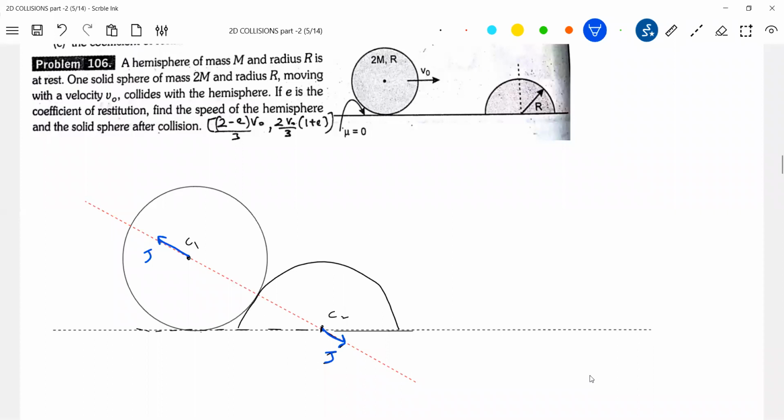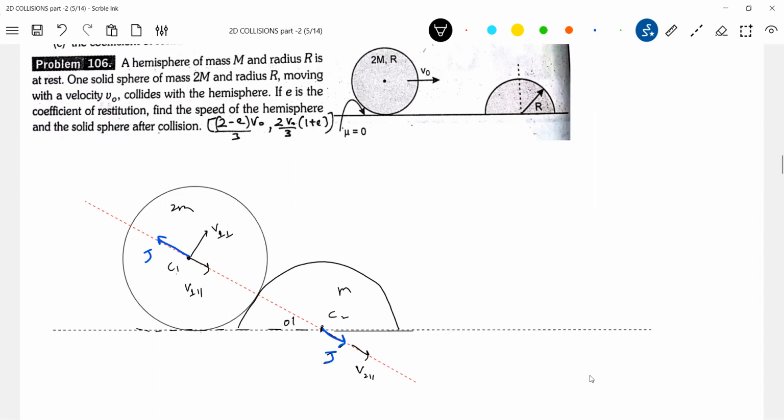After collision, what do we expect? The velocity of the colliding objects. So let this be V1 parallel. The velocity of this would be V2 parallel. Component of velocity V1 perpendicular like this. This is 2m, this is m. So we need this theta.